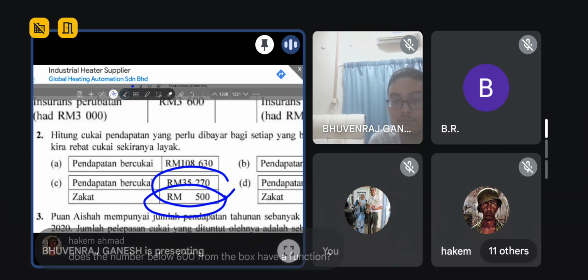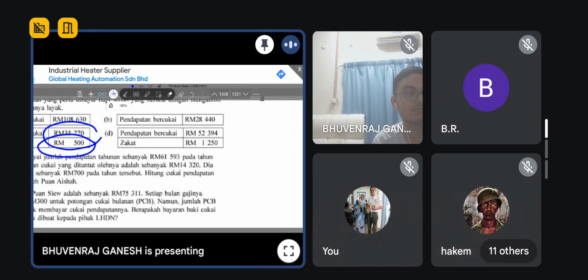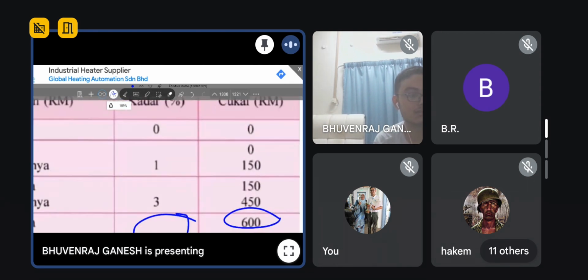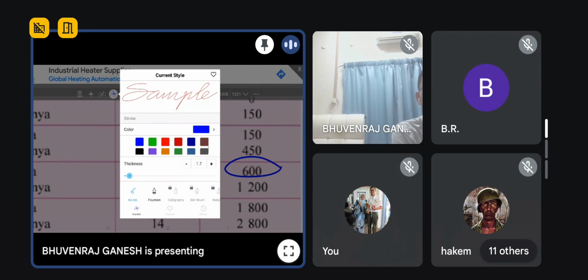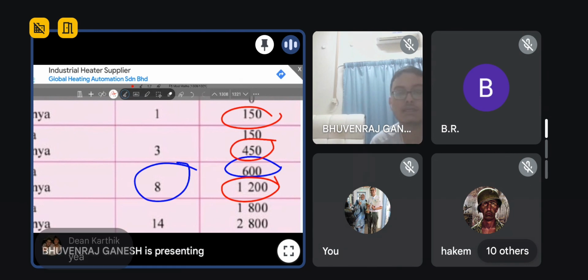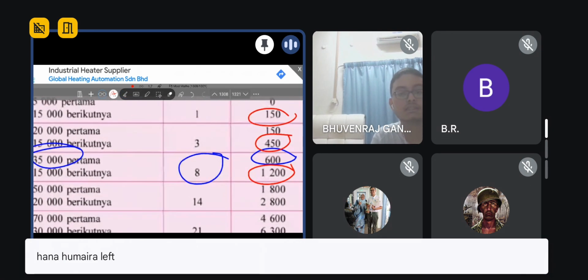Okay, does the number below 600 from the box have a function? No function. A lot of people ask this also. Good question. This number, guys, you see this number 1200. You realize we don't use this value. Am I right guys? We won't use this value in our calculation, because that value is for a certain condition.